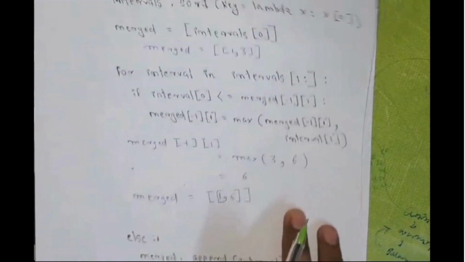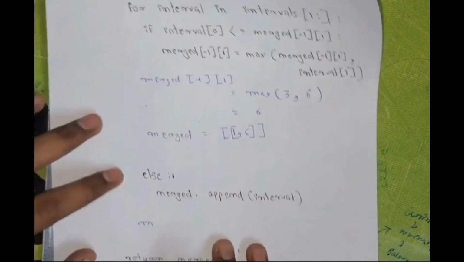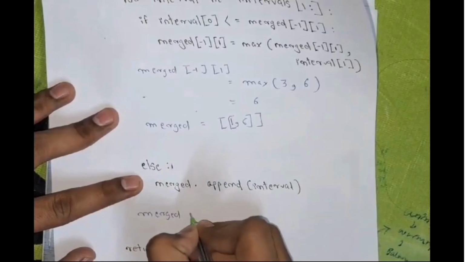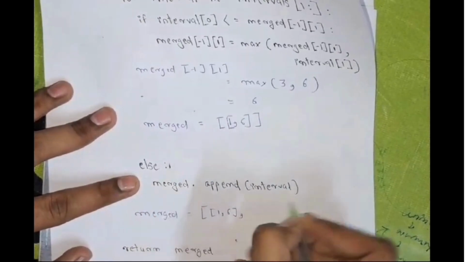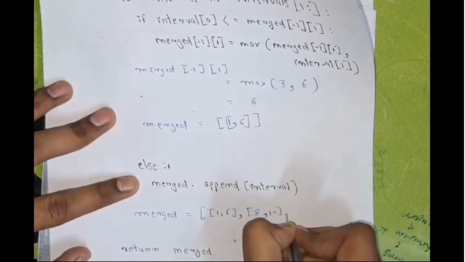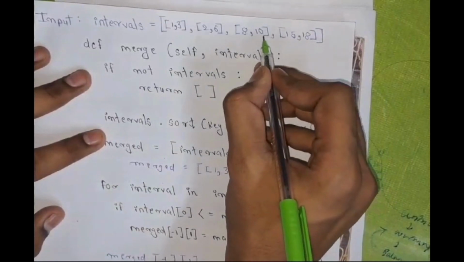That is, our merged array will become [[1,6],[8,10]]. The same applies for the next interval: 15 is greater than 10.